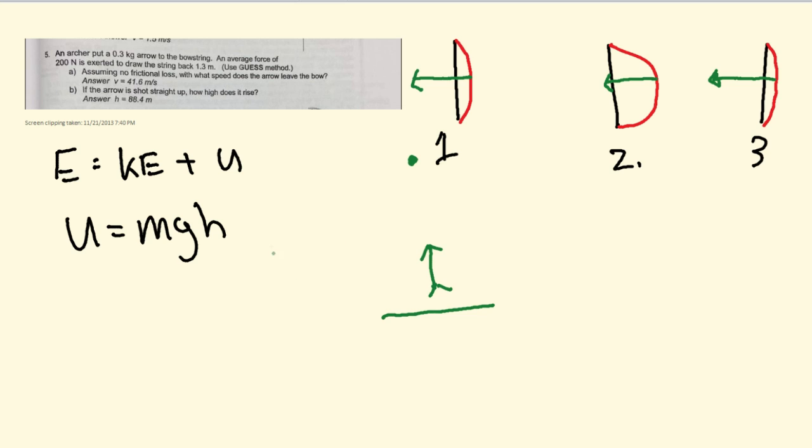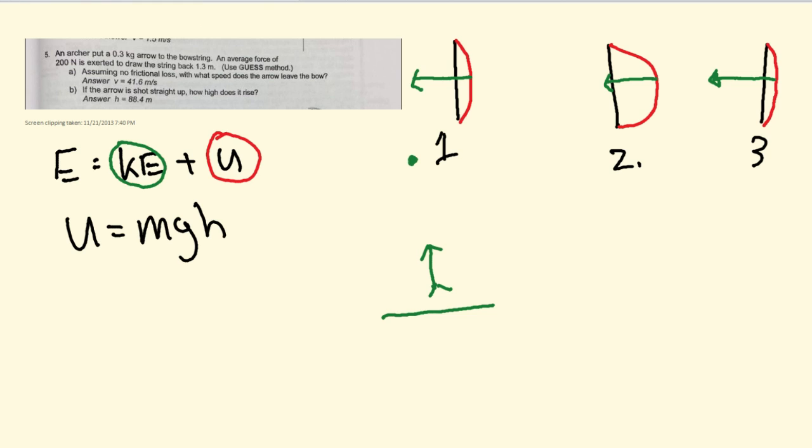So, that means that all of the energy is in the form of potential energy. Before, when it left the bow, all of the energy was kinetic energy. So that must mean that the magnitude of kinetic energy is equal to the magnitude of potential energy.